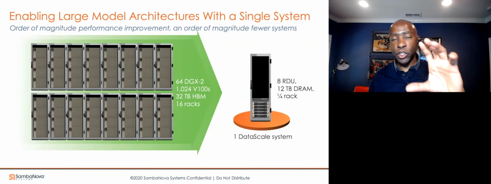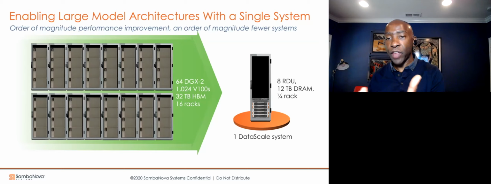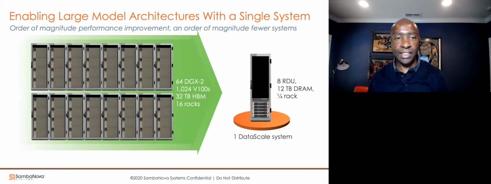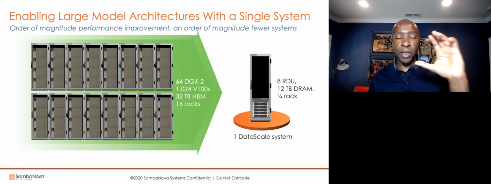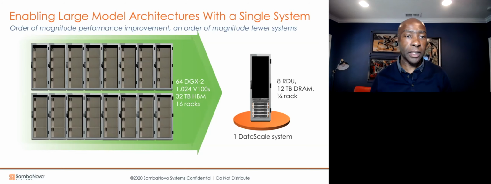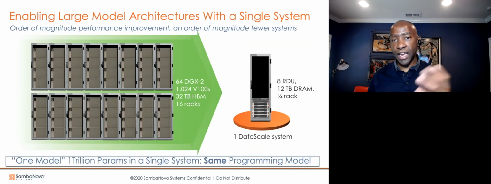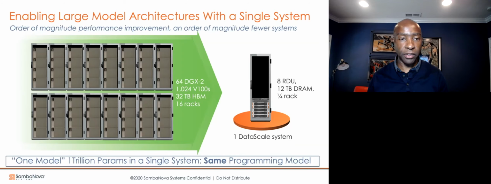And remember, the key to being able to use the lower bandwidth DRAM is because we spatially arrange the computation on chip, and we use much less off-chip bandwidth. And so the benefit now is, of course, we can get much higher capacity with DRAM, but also be able to use the compute much more efficiently. And so this enables us to put these trillion parameter models on a single 8 RDU system and train these models effectively.